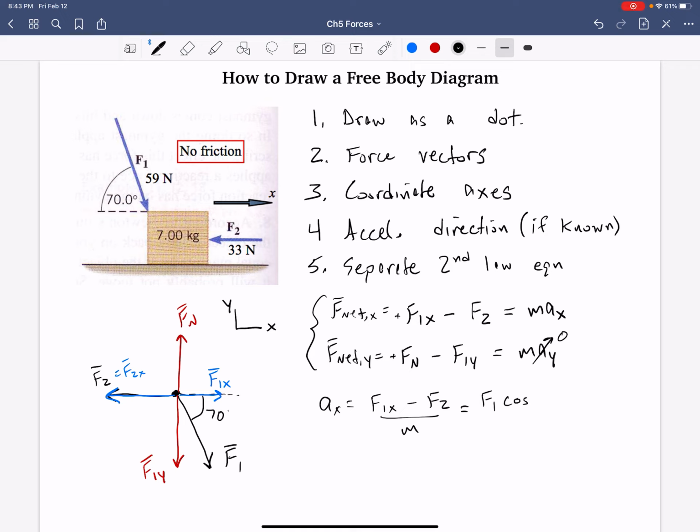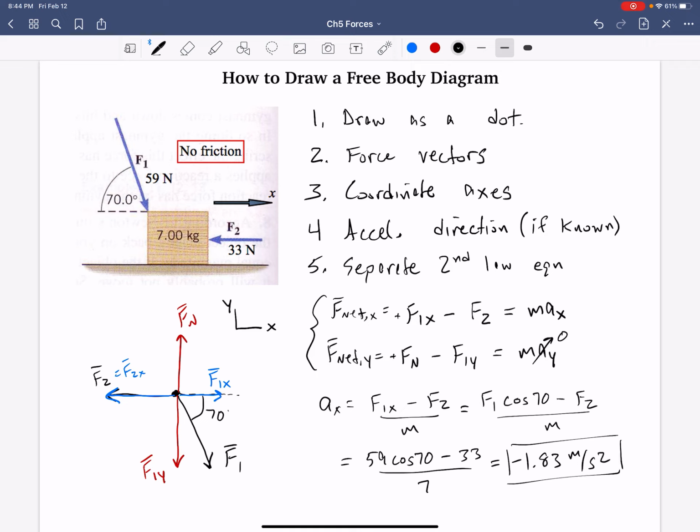So cosine of 70, and we're subtracting F2. All right, so let's plug in some values here. F1 is 59 newtons, and I'm leaving out units for brevity's sake. Cosine 70 minus F2, which is a magnitude of 33, divided by the mass of 7. And this should give you a negative 1.83 meters per second squared for the acceleration.